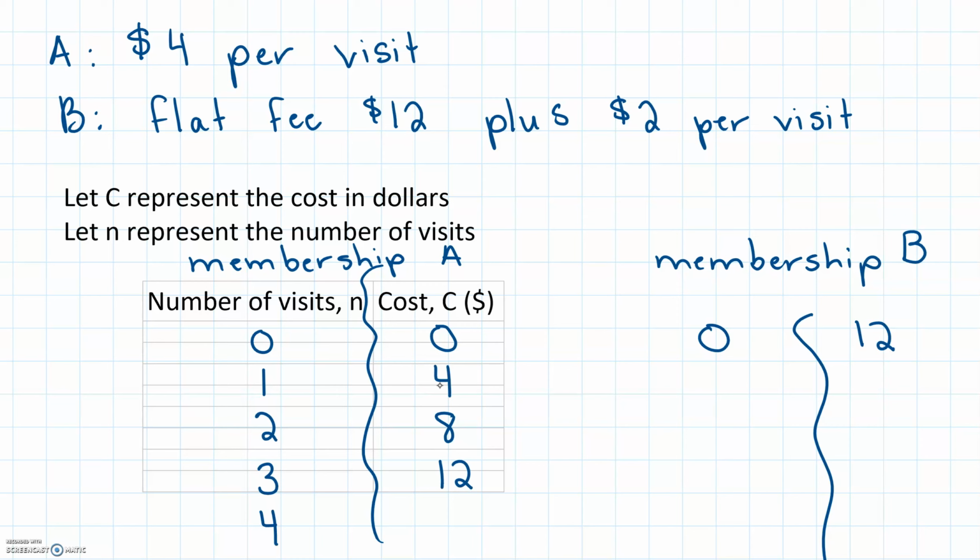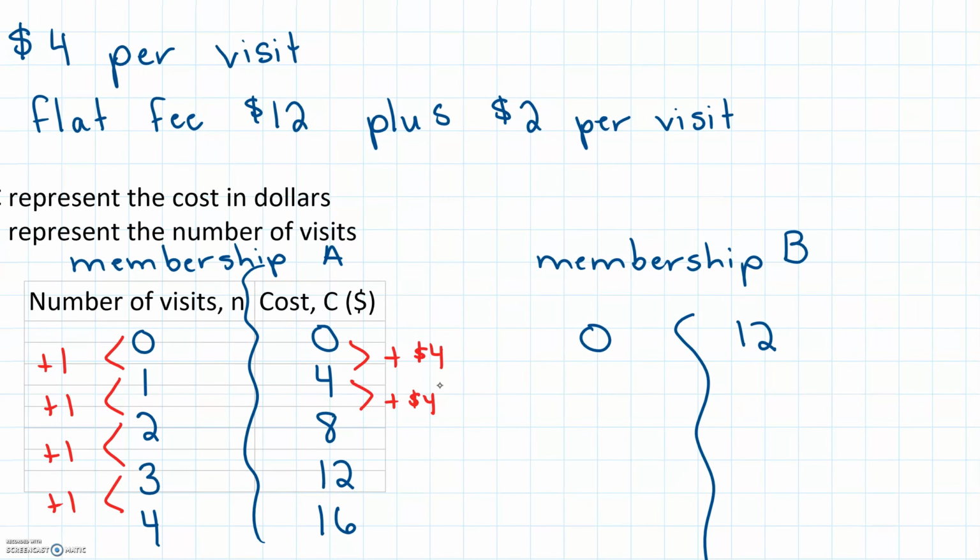I'll put 1 more, but I think this is a good amount of data. So we're going to put our patterns in here before we move on. So it's plus $4 per 1 visit. If you don't go up by ones, you have some extra work to do.